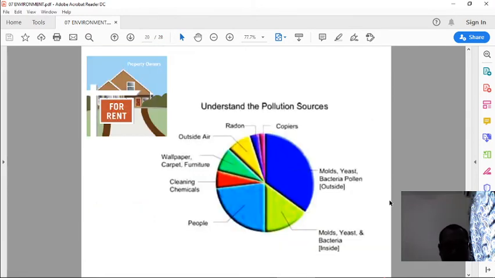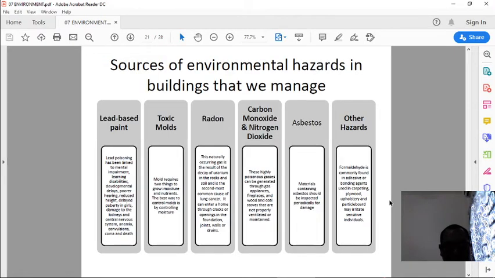Understanding pollution sources, you can find out in detail about this afterwards. So, sources of environmental hazards in buildings that we manage. This is what I said before regarding the chemicals that are available.